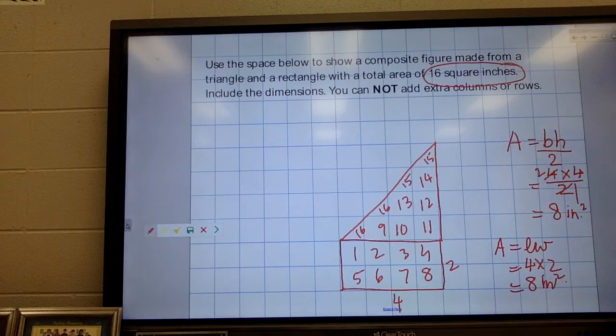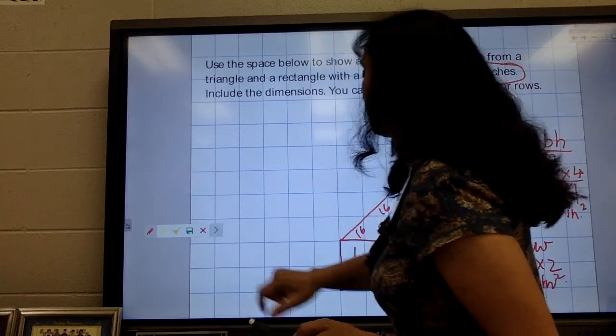So whatever it is, you are figuring out how you can convert it into a composite figure using the squares that were given to you. So let's try, well, we can do another one.